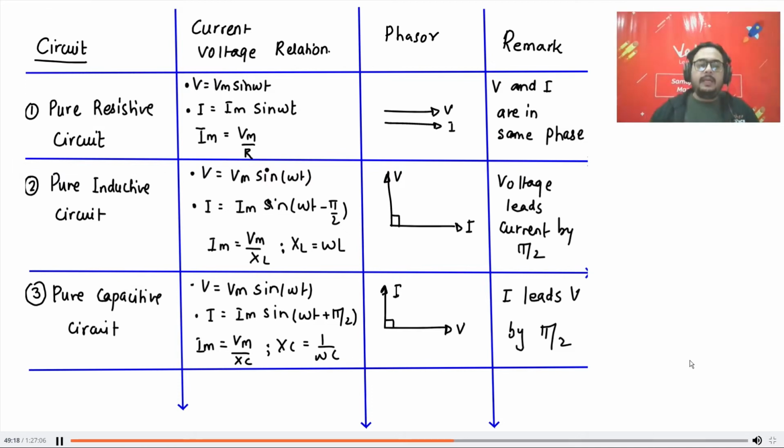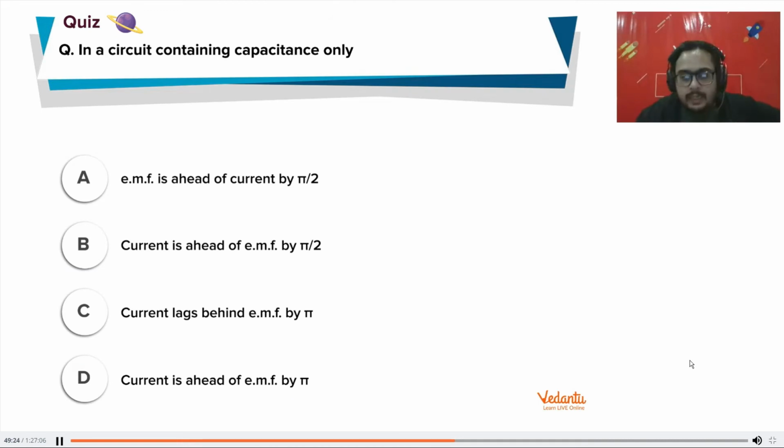Any doubts? Then let us solve a question. Again, in a circuit containing a capacitor only, what happens? You have 4 options. Read the options carefully.